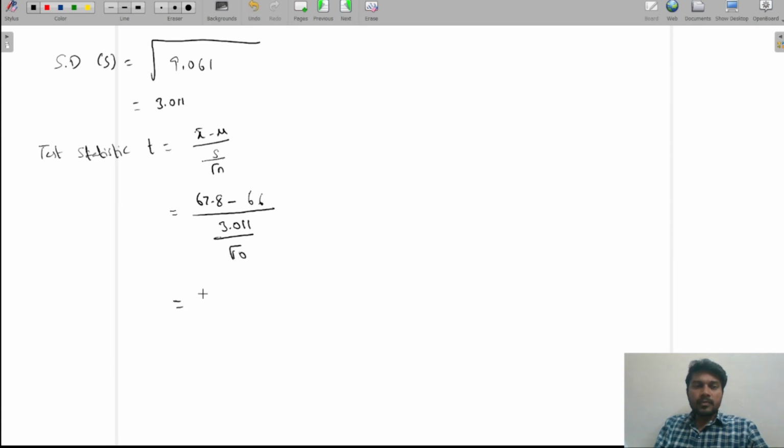So this is 1.89. This is the value of the modulus of t.